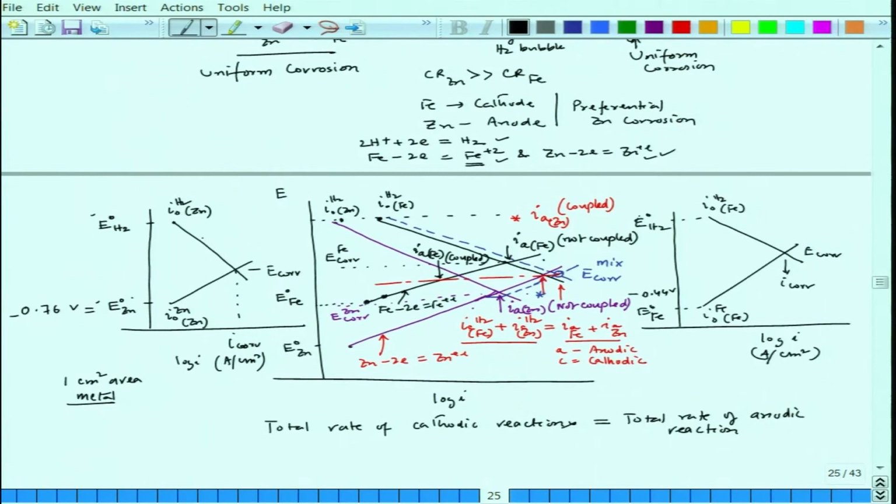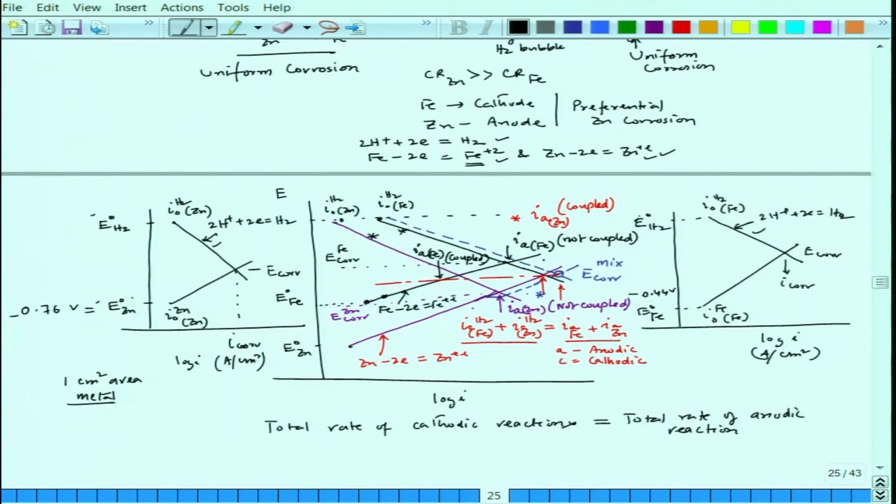And of course, this line is nothing but the cathodic reaction line. This is hydrogen. Similarly, these two lines are this and this.